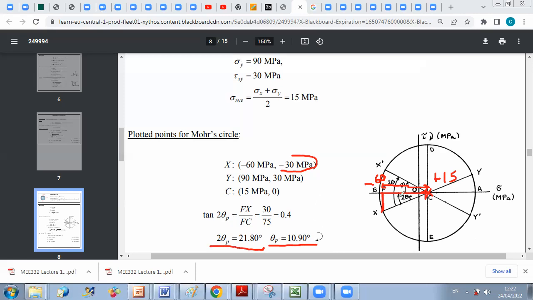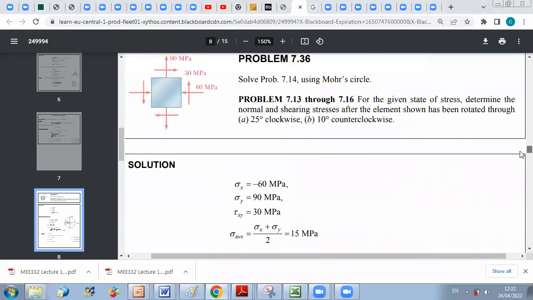The importance of getting theta p, you will see now, because they ask what will be the state of stress if I rotate the element through an angle first of 25 degrees clockwise. Keep in mind that if I rotate the element 25 degrees clockwise, I should rotate on the Mohr circle 2 times 25 degrees clockwise.